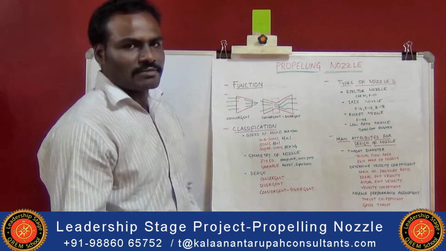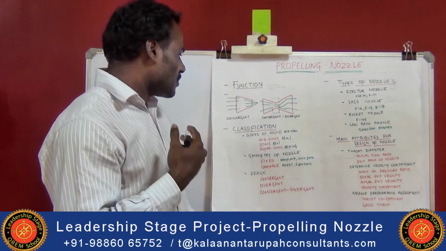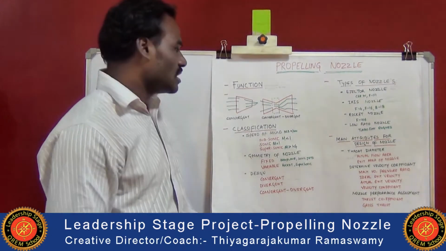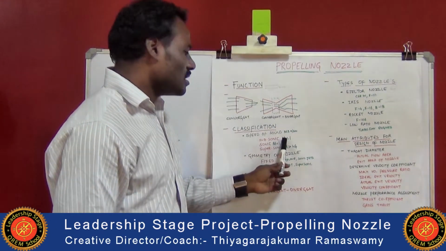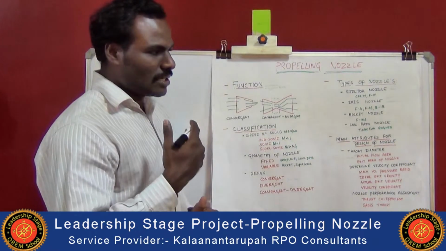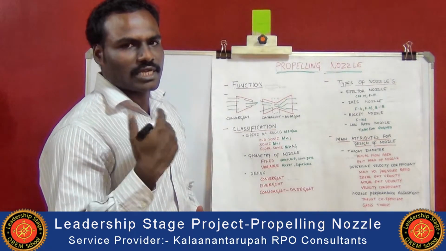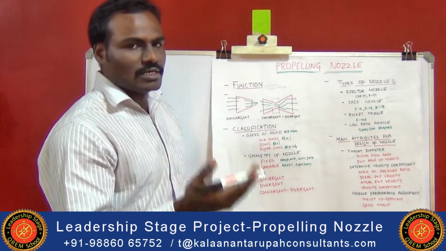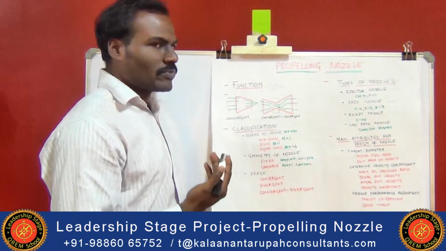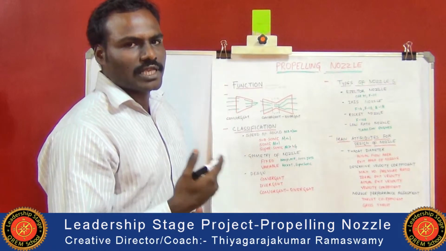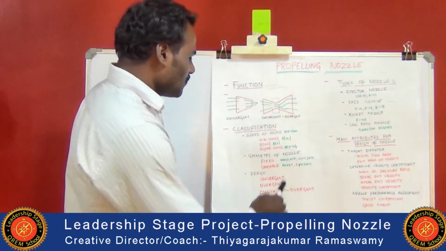To classify the nozzle with respect to sound, we use the Mach number. Mach number is the velocity of the aircraft with respect to the atmosphere divided by the normal speed of sound.